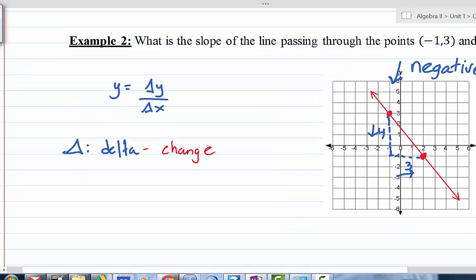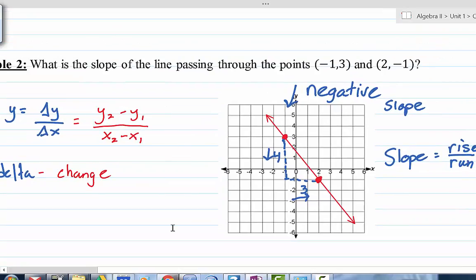What delta means is change, right? So if you're trying to find that, you guys have seen the formula for slope is pretty much just y2 minus y1 over x2 minus x1.